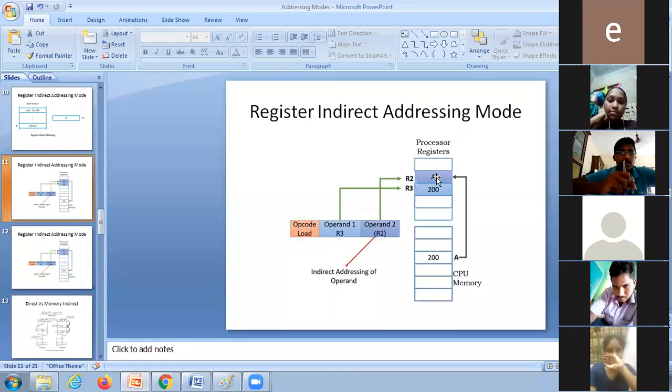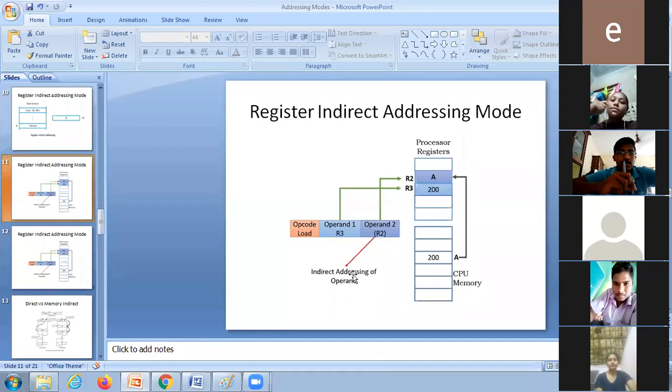This is A. This 200 is to be stored in the address which is stored in the register R2.